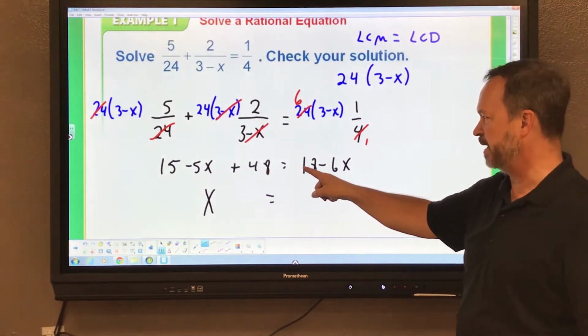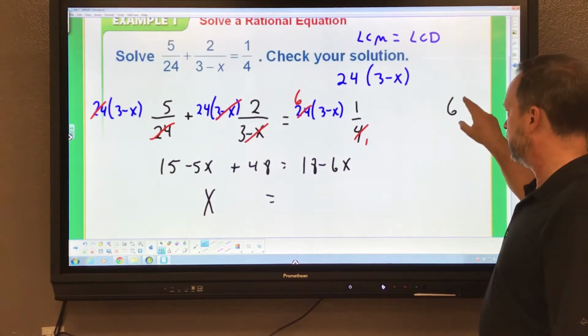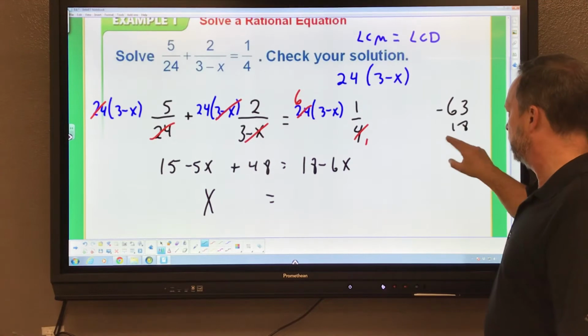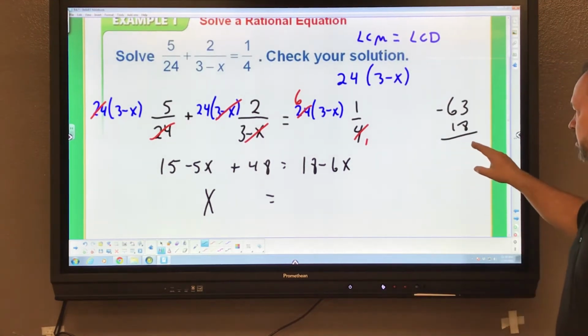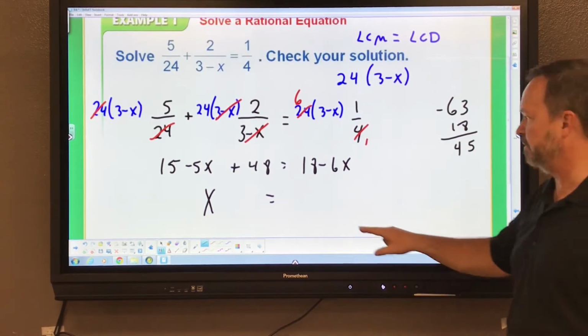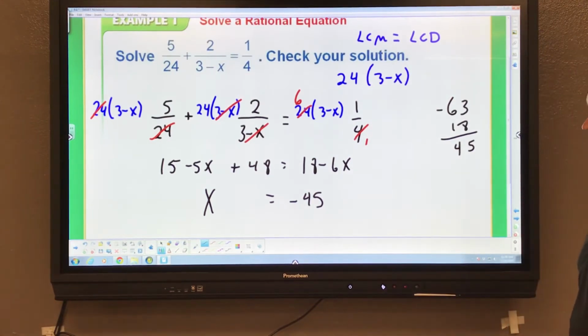And I've got to subtract it from here, 63 of the negative kind. So x equals negative 45, I think. And I could check that by plugging it back in and see if it works.